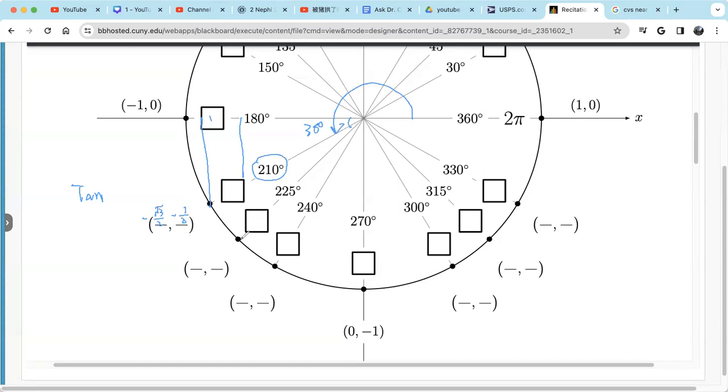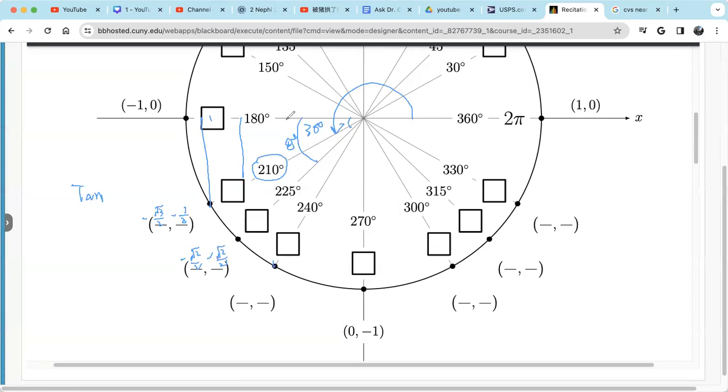With this one, the reference angle is 45 degrees, or pi over 4. So we get negative √2/2, negative √2/2. And this is the same thing, right?